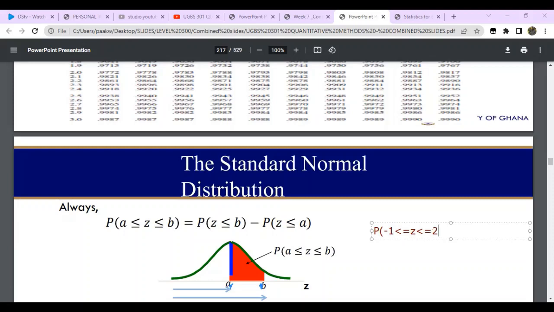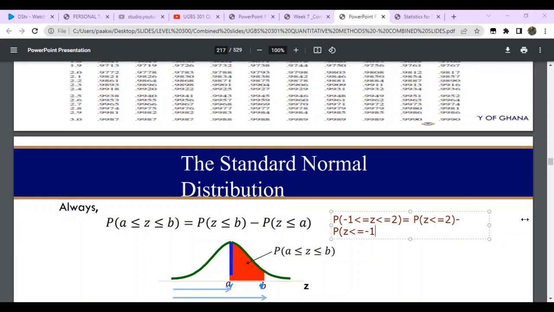The number 2. What you do is just solve for the probability that Z is less than or equal to what? The biggest one. Z is less than or equal to what? The biggest one, that's the 2. Close it, minus probability that Z is less than or equal to the smaller one, that is the -1.